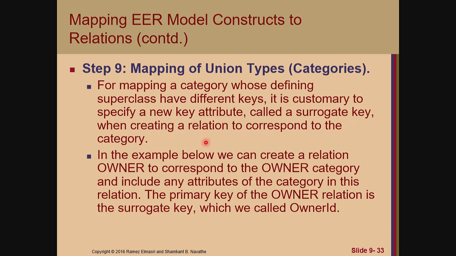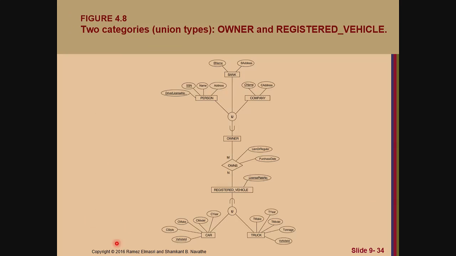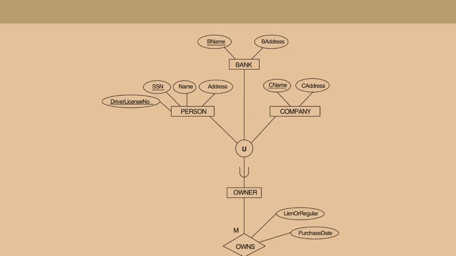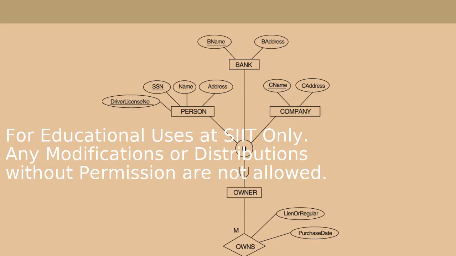When creating a relation corresponding to the category, okay. In the example here, we can create the relation owner. Okay, let's see. We union the person, bank, and company. We union them together to be the owner.